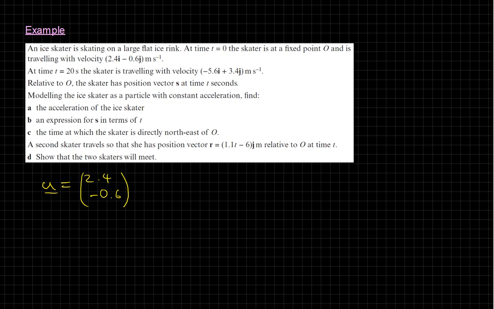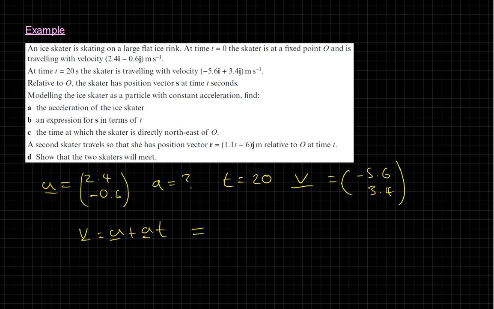Right. So the acceleration is constant. We don't know what it is. Let's use the information that after 20 seconds, t equals 20, the final velocity, v, was equal to (-5.6, 3.4). And then we can do v equals u plus at.